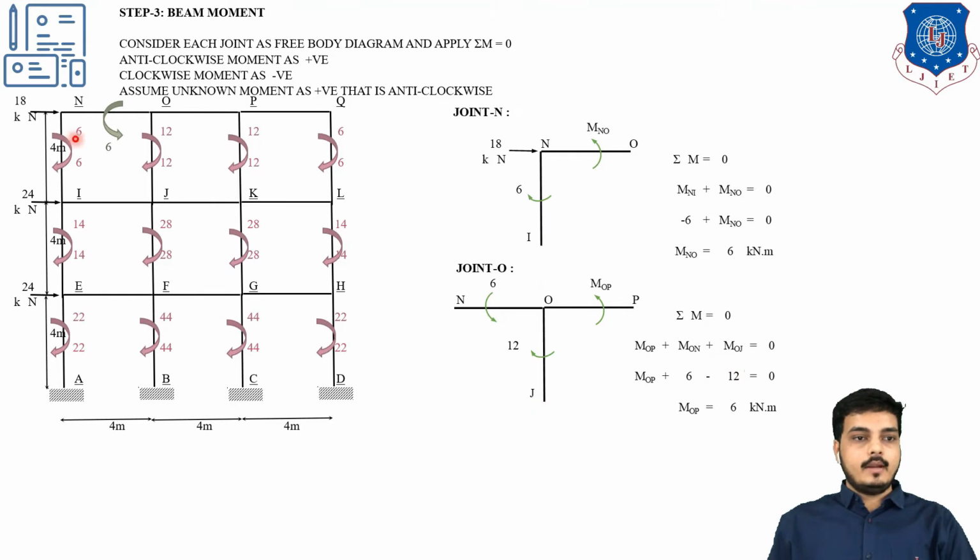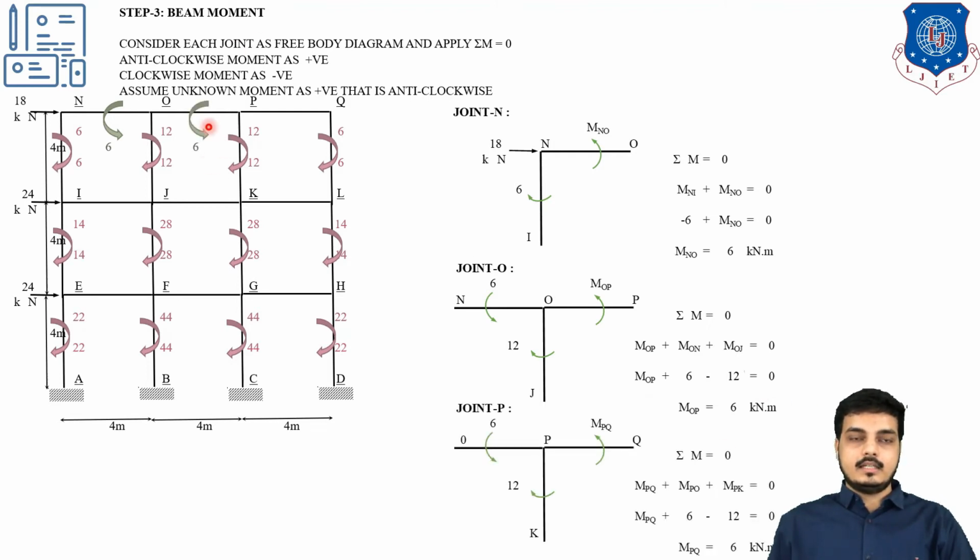Now look, this column moment which we have already found out, and this beam moment which we have found just recently. With the help of these two values, we can find the third one. This is clockwise, so it will be minus. This is anti-clockwise, so it will be plus. So MOP plus 6 minus 12 equals 0. MOP equals 6 kN into meter. So I have placed it again as it is.